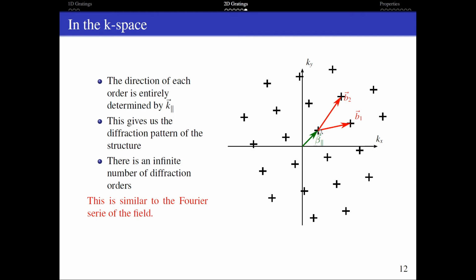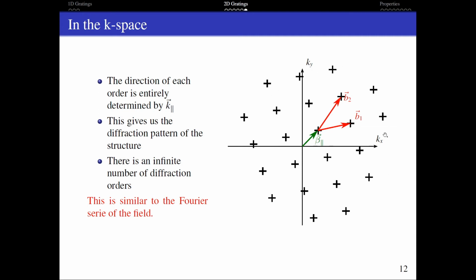This space is going to be shifted by the parallel beta vector. So this space itself is defined by any point of the reciprocal lattice, which is why between 2 points, we have either B1 or B2. And this is the reciprocal space. Okay.